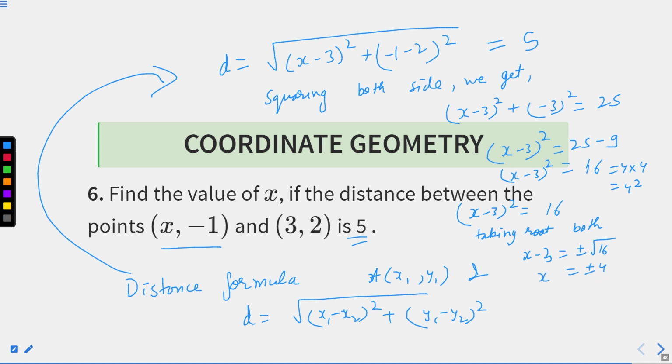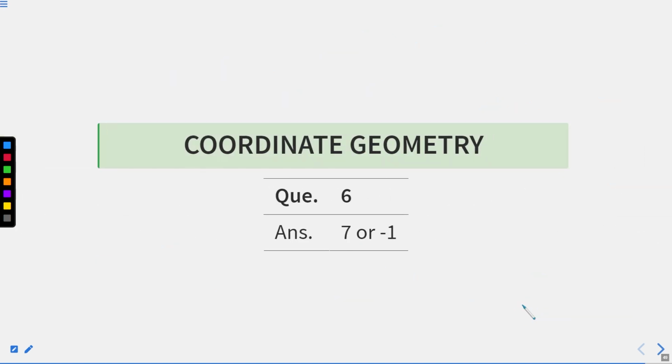So x is equal to 3 plus or minus 4. First we take plus: x is equal to 3 plus 4, which is 7. And taking minus: 3 minus 4 is equal to -1. So the x value will be 7 or -1.